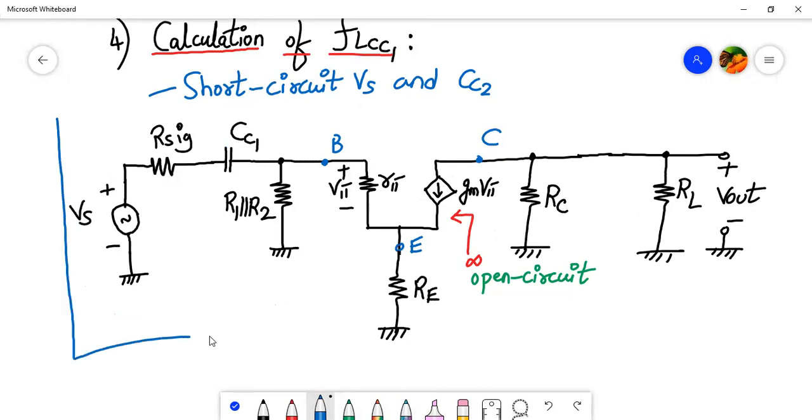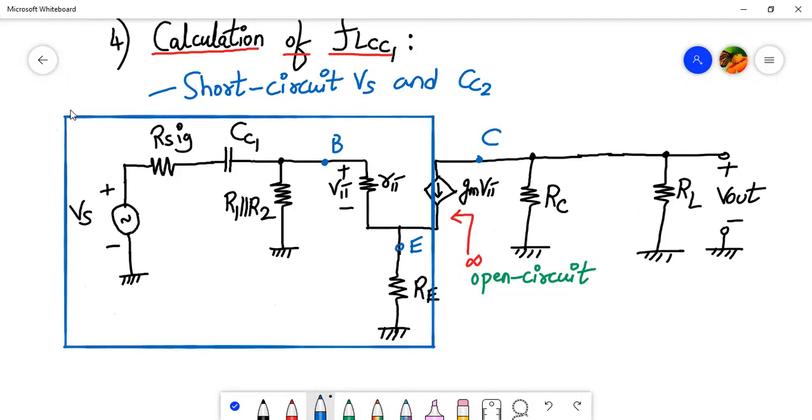Okay, so this much is the circuit which we have to work with, and over here we have CC1 capacitor connected. The VS should be short circuited. So this is actually connected to the ground. Okay, fine. So now let us analyze this part.